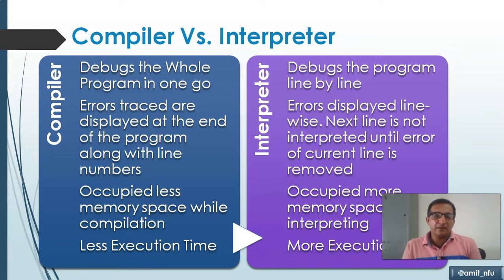And in case of the compiler, less memory is consumed when it runs, whereas in case of the interpreter, it is comparatively more. And the execution time for compilation is less in comparison to the interpreting time. So obviously the interpreter is more accurate, and the compiler is less accurate, but in case of speed, the compiler is faster in comparison to the interpreter.